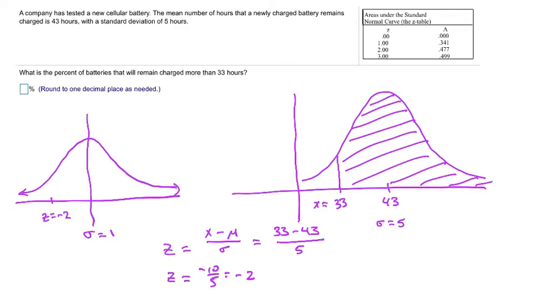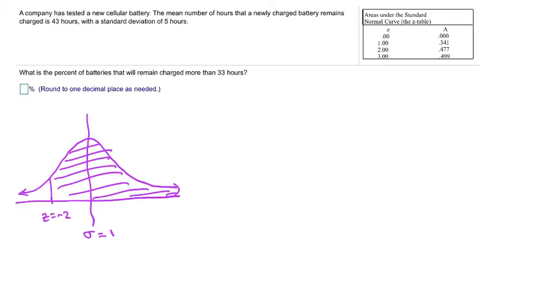So kind of transferring these area problems, what we then want is what is the area above the z-score of negative 2. So for this particular area, we can break it up into two separate areas.